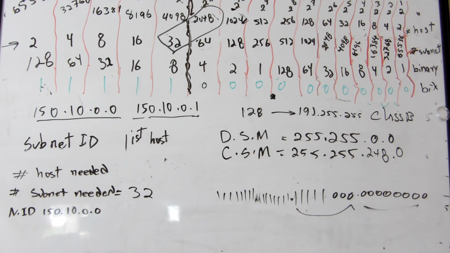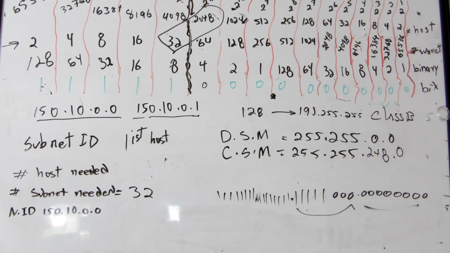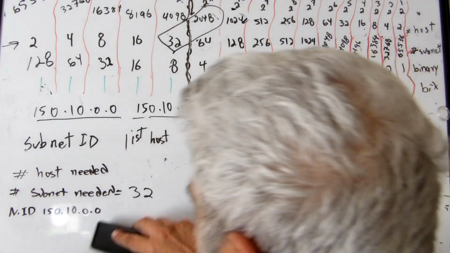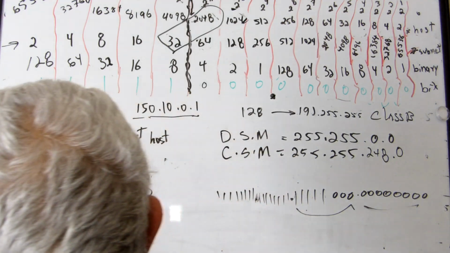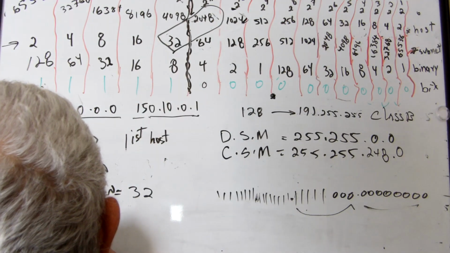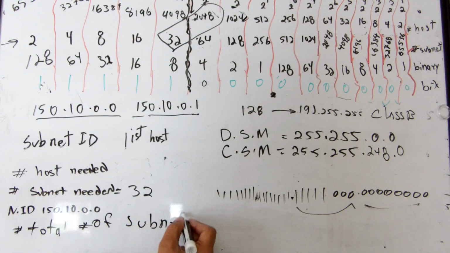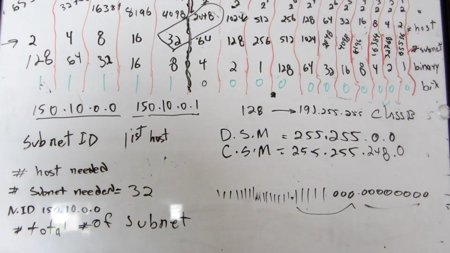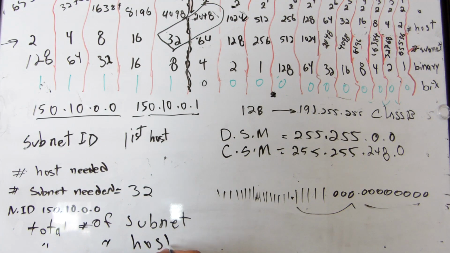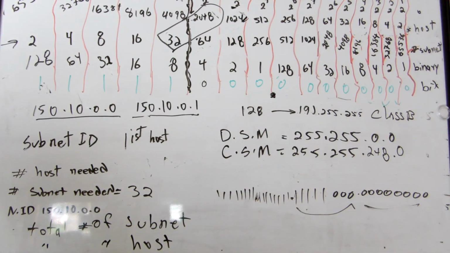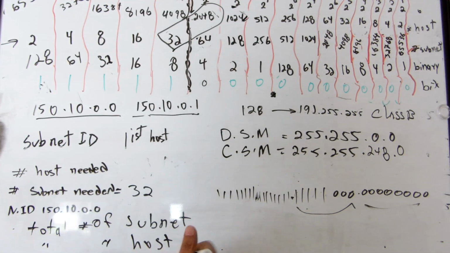So the question comes: what is the total number of subnets, and what's the total number of hosts? That is, the usable host addresses, the number of host addresses.